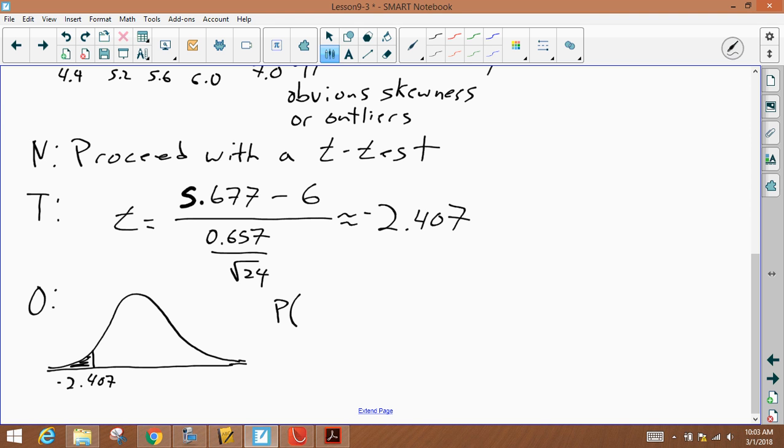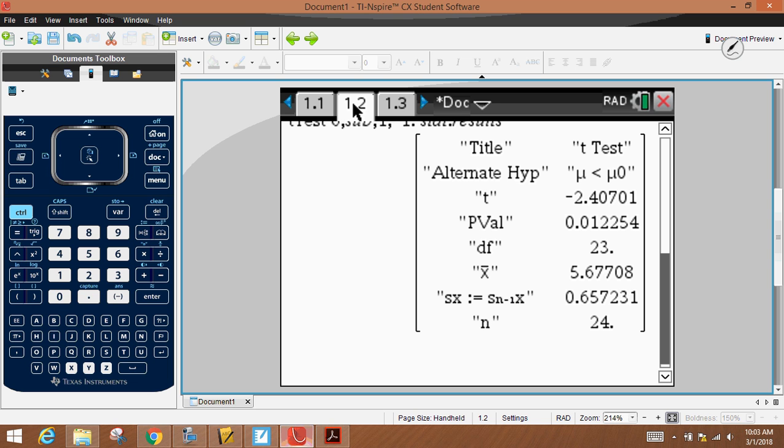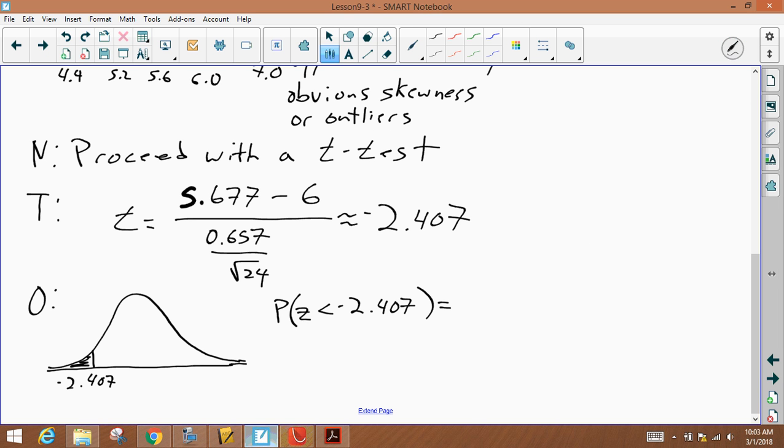So we're looking at the probability that z is less than negative 2.407, which is approximately 0.012. Rolling right through this. Definitely below our alpha level, right?